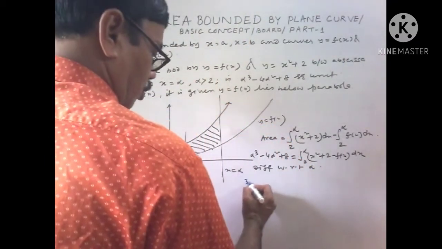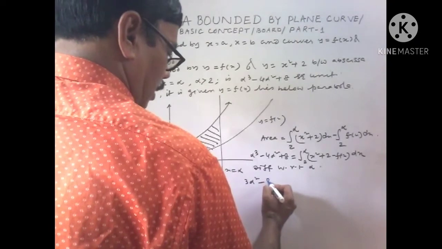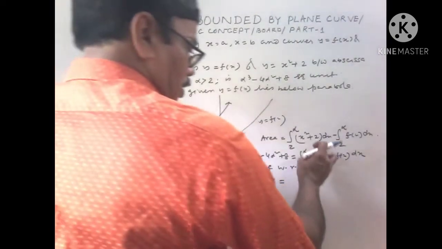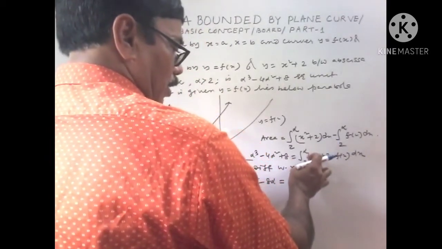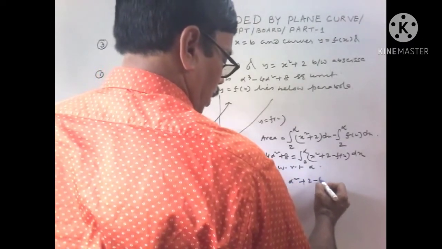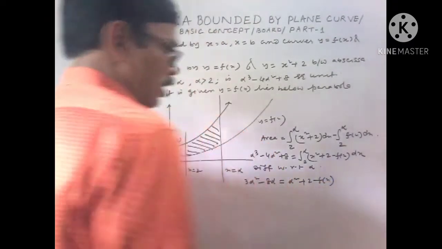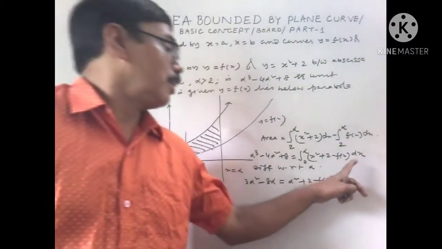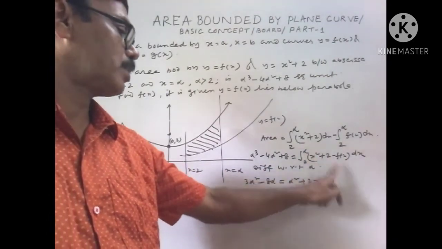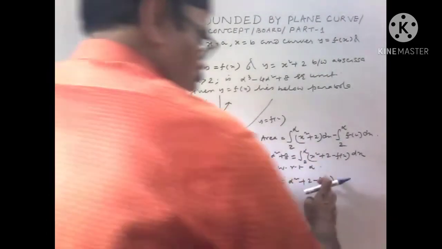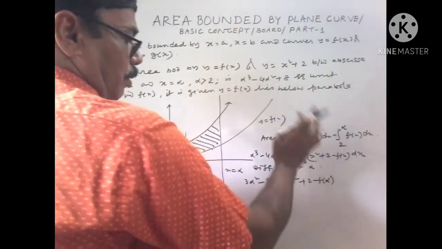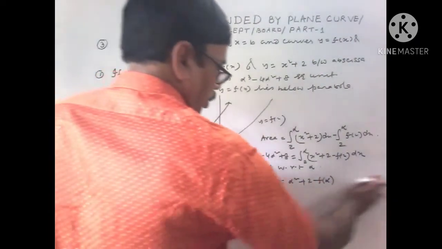So 3 alpha square minus 8 alpha equals, the integration is omitted and x is replaced by alpha, so alpha square plus 2 minus f(alpha). Then the derivative of the upper limit, alpha with respect to alpha, is 1. Since the lower limit is constant, its derivative is 0, so no need of the second part.